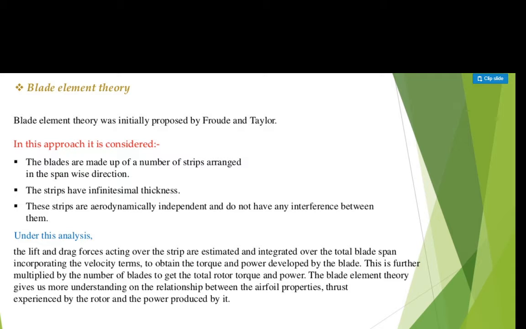Under this analysis, the lift and drag forces acting over the strip are estimated and integrated over the total blade span, incorporating the velocity terms. To obtain the torque and power developed by the blade, this is further multiplied by the number of blades to get the total torque and power. The blade element theory gives us more understanding of the relationship between the aerofoil properties, the thrust experienced by the rotor, and the power produced by it.